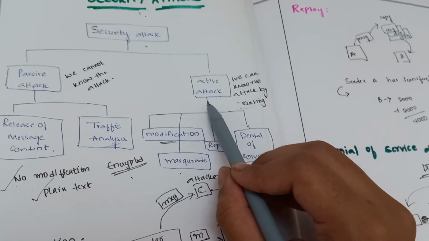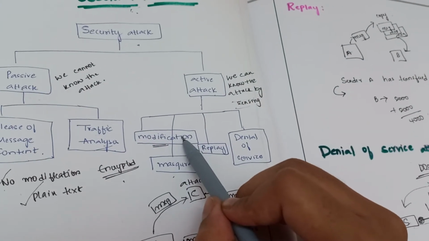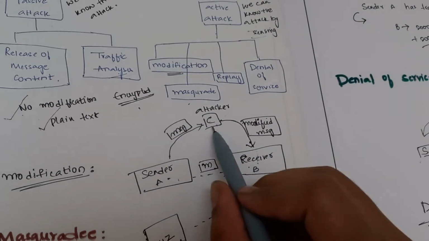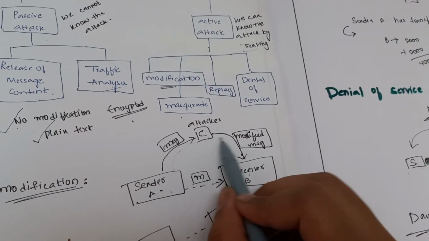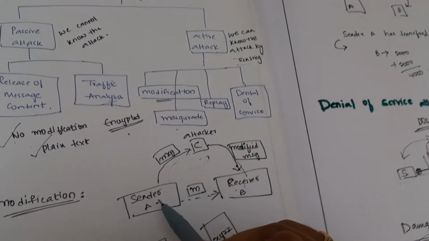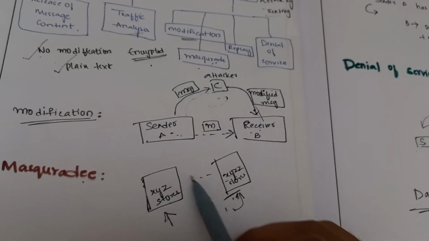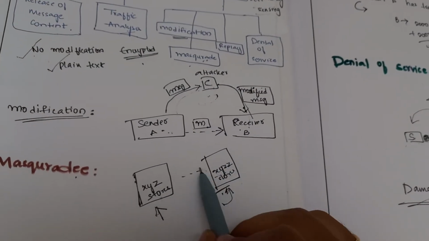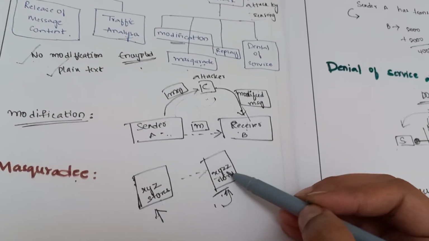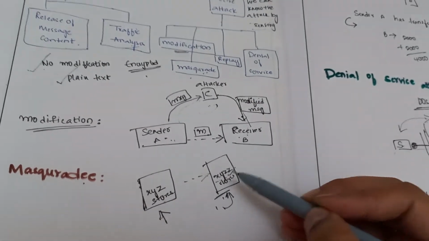Under the active attack, the first attack is modification, where the attacker comes in the middle between sender and receiver and modifies the message sent by the sender. The second one is masquerade, which means a fake website is created the same as the original one, and whenever the customers log into this fake website, all their details are known.